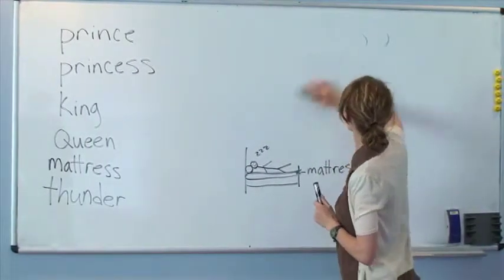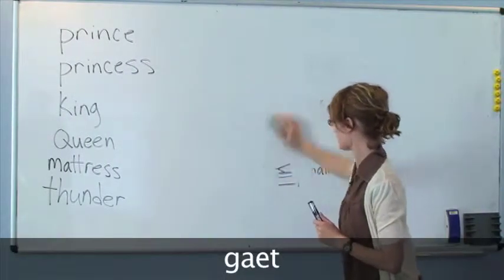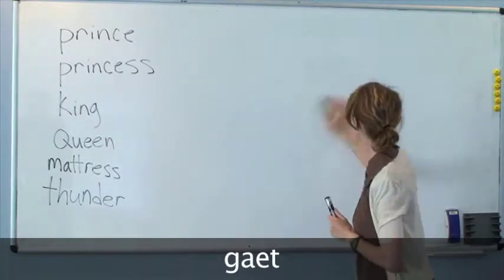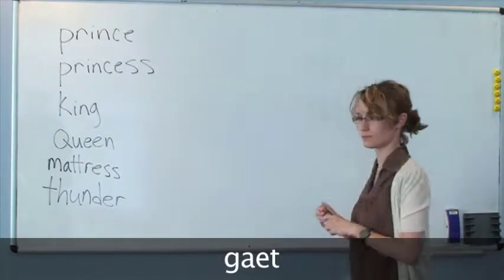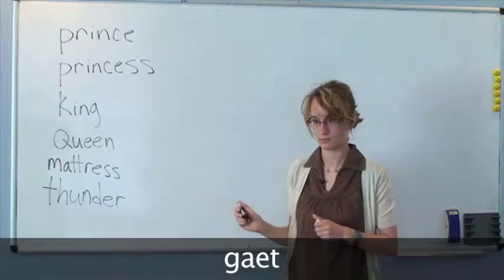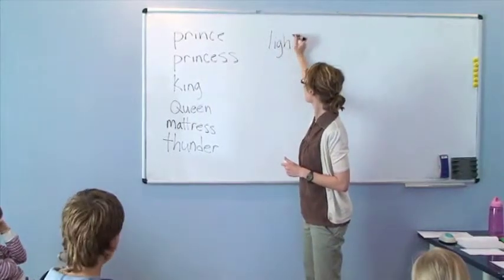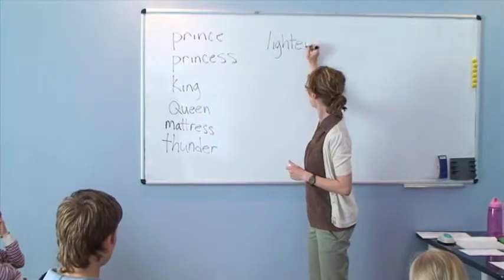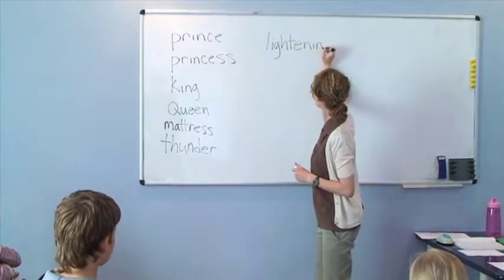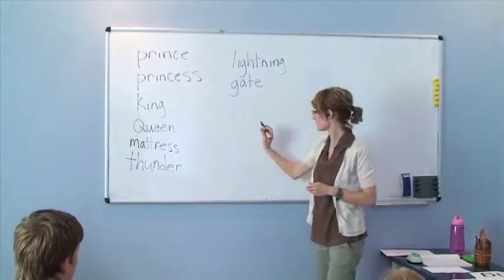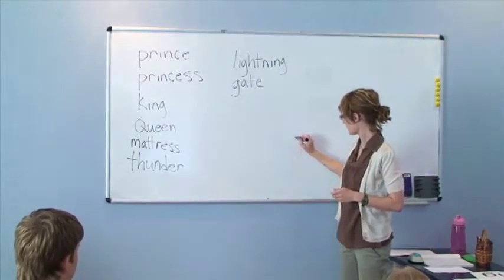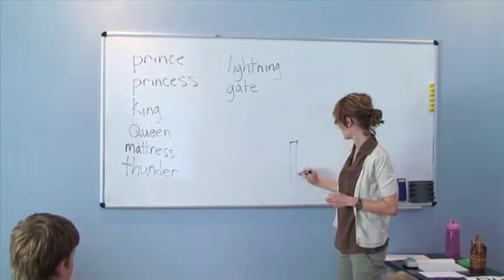And one more word is a gate. What is a gate? It's a metal thing that used to, maybe some go enter the castle. Okay, so a gate, you have, maybe there's like this.